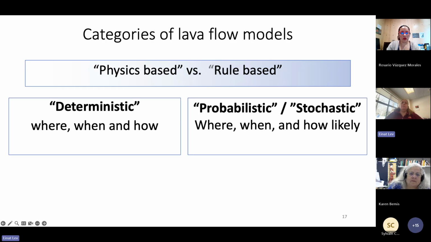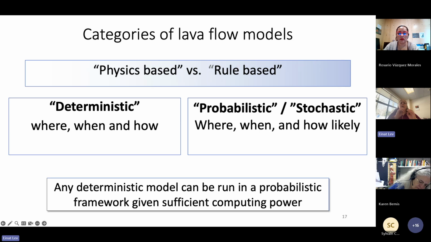Another way to categorize models is deterministic, where we ask where, when, and how will the lava disperse. And then there's probabilistic, where we ask the same questions, but also look at how likely. And these two categories kind of interchange because a deterministic model, where you run the model with certain parameters, always gives you the same result.